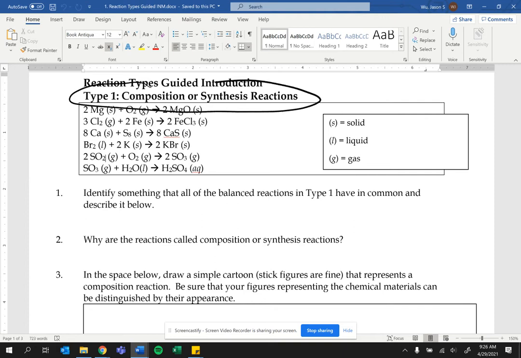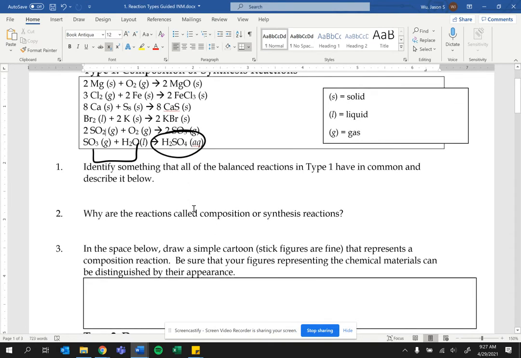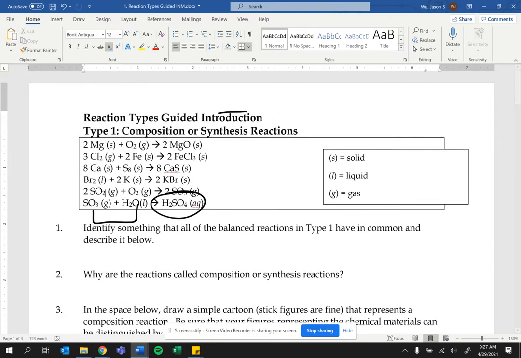Okay, the first type is composition or synthesis reaction. That's when we have two things combining to form one thing. That's really the main thing. I'm going to just let that sink in for a second. Synthesis means when you bring two things together.